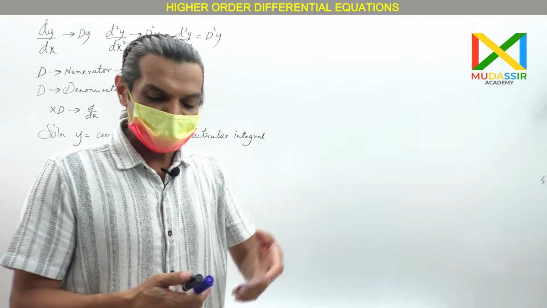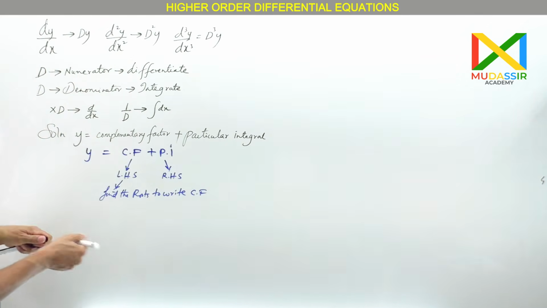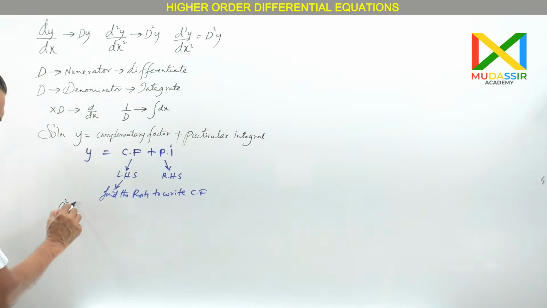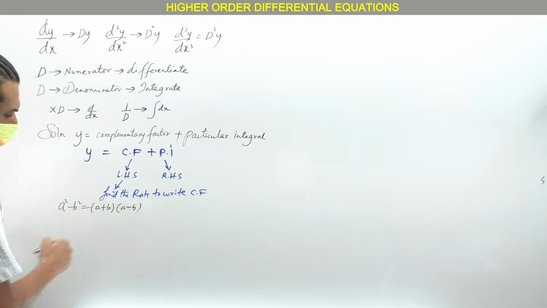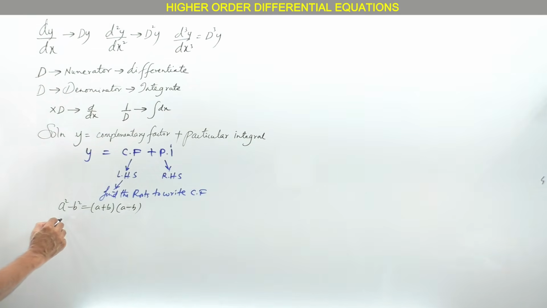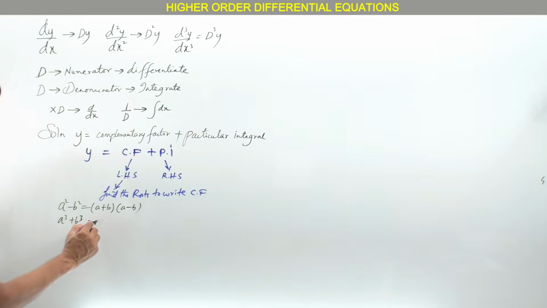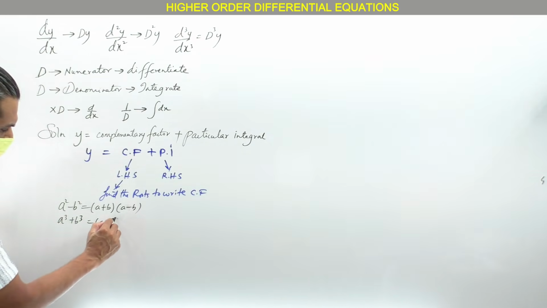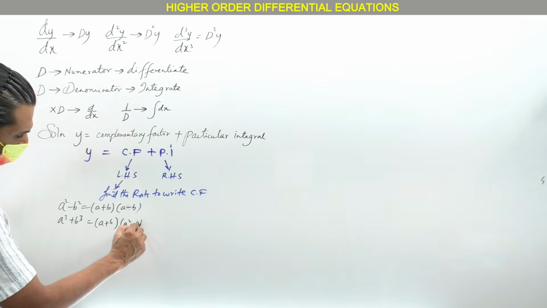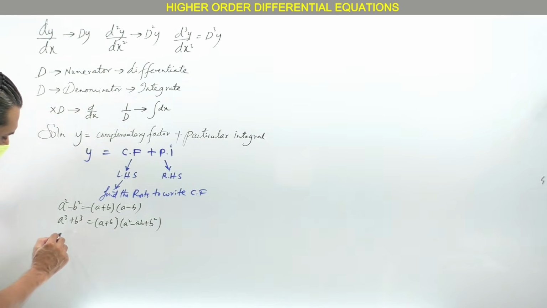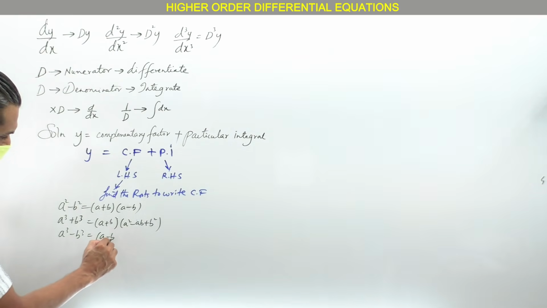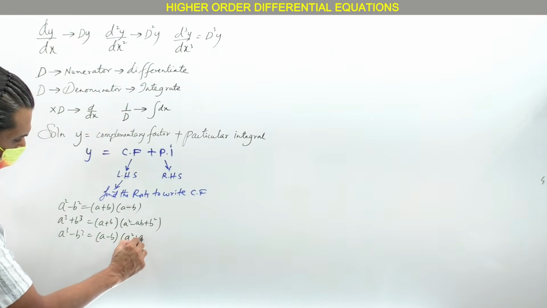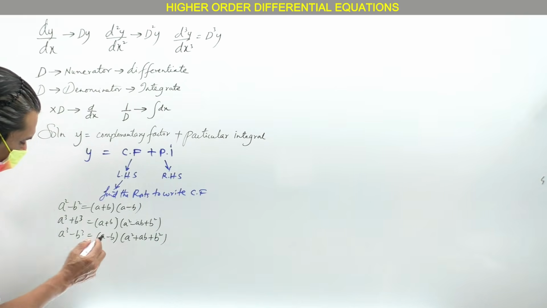I will write some of them: a square minus b square is equal to a plus b into a minus b. And a cube plus b cube is equal to a plus b into a square minus ab plus b square.